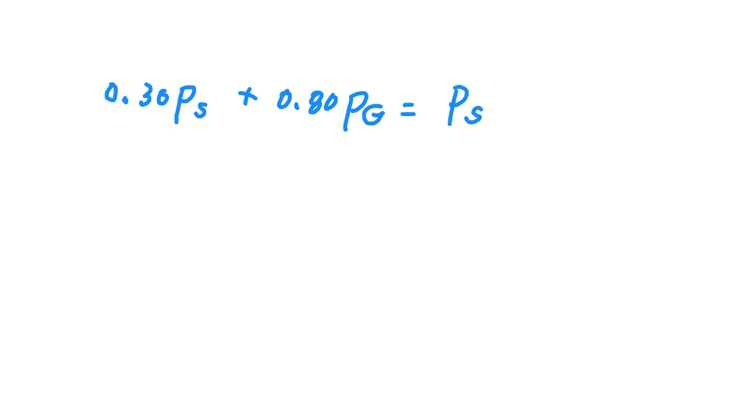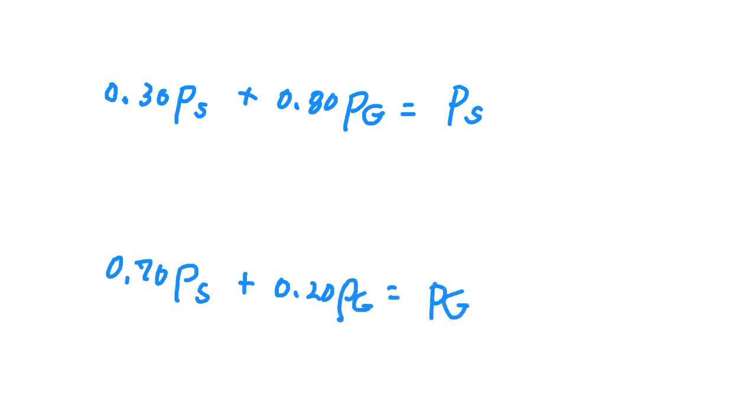And we have 0.70 times the price of services plus 0.20 times the price of goods equals the income of goods, P sub G.